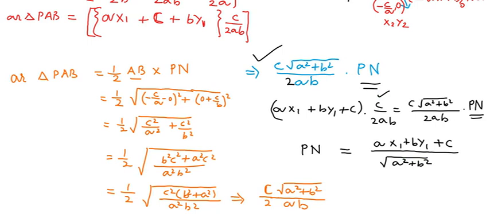This term will be cancelled out by this and this also. So PN will be equal to (Ax1 plus By1 plus C) upon under root A square plus B square. And my dear, you must remember the value of PN will never be negative, so put the modulus sign here. This is the formula. With the help of this, you may calculate the distance of a point from the given line.